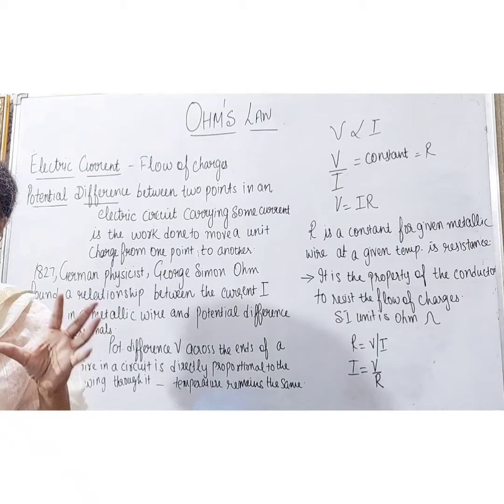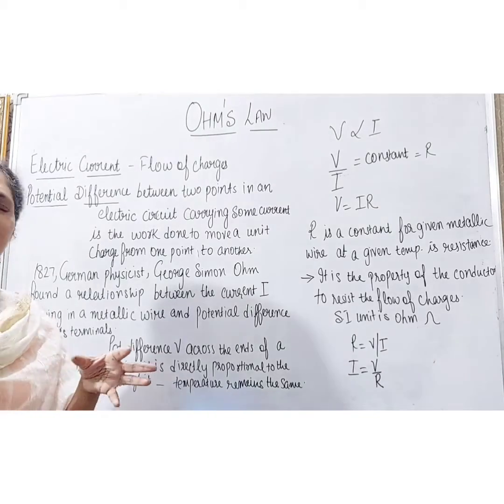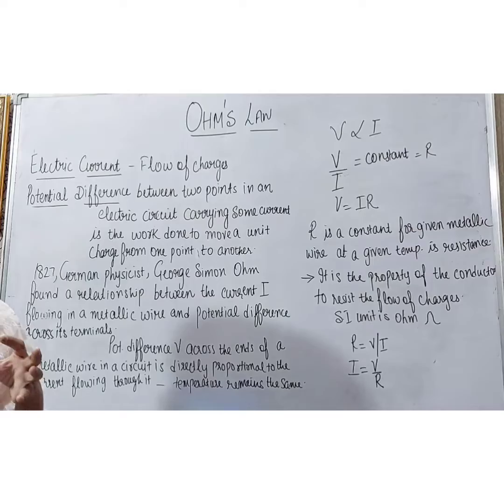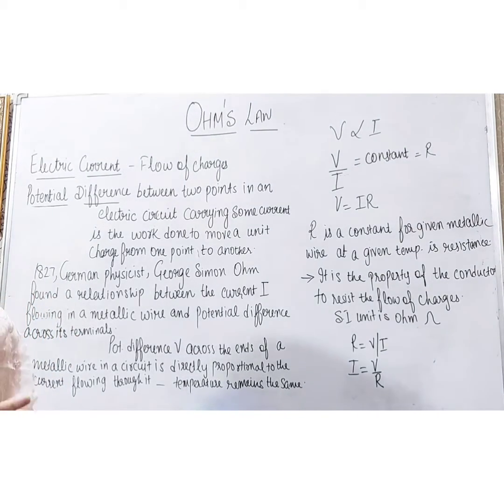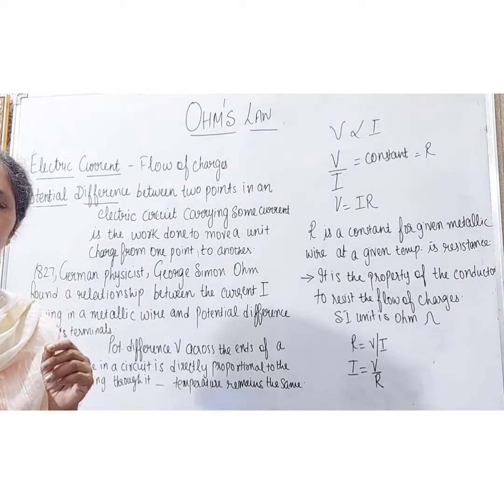Because when we have to move the charge from one point to another, work has to be done, and this is known as the potential difference. So these two main topics are going to be discussed in Ohm's law, and the third one is resistance, which we will discuss while discussing Ohm's law.